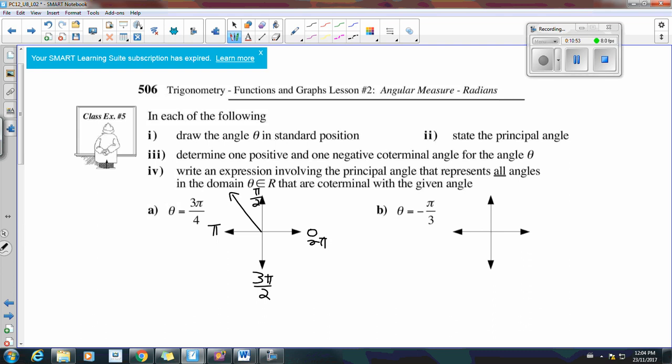Right here. Another way to think of it is, if we think of equivalent fractions, this would be 2 pi over 4, this would be 4 pi over 4, so 3 pi over 4 must be halfway in between there. So that's where it should be. Second question was, state the principal angle. Well, the principal angle is just the angle between 0 and 2 pi, so that's the one it gave us.